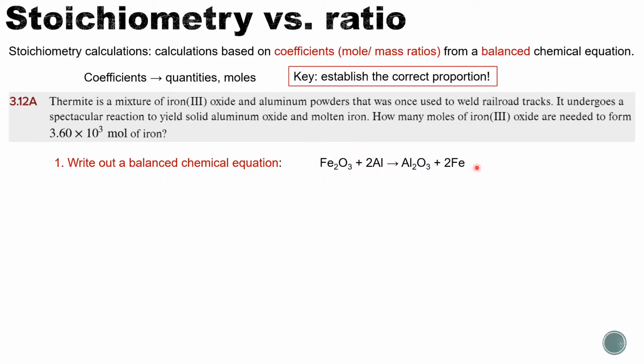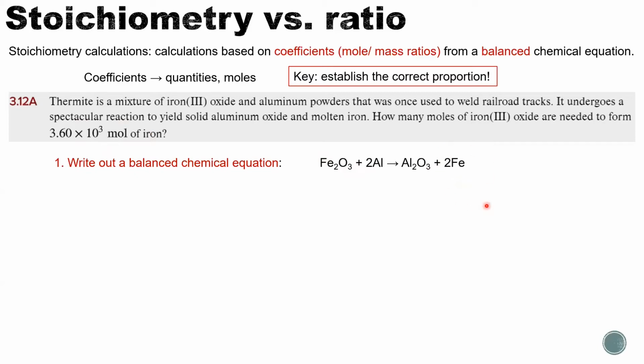What the question provides is the number of moles of iron produced. It's a product, and what it asks for is the number of moles of iron 3 oxide needed. So it asks you the relationship between one reactant and one product, and it gives you the quantity of product that is made.